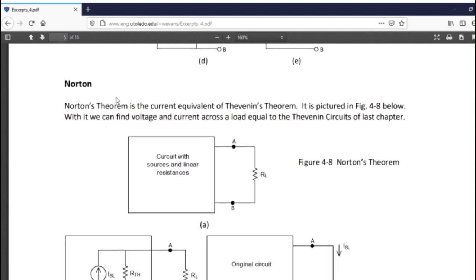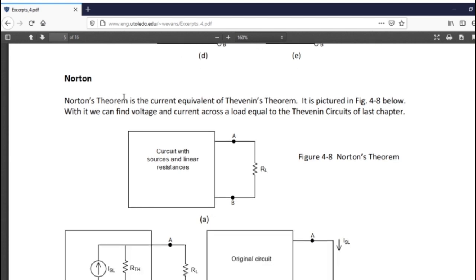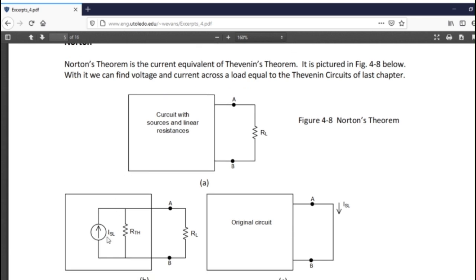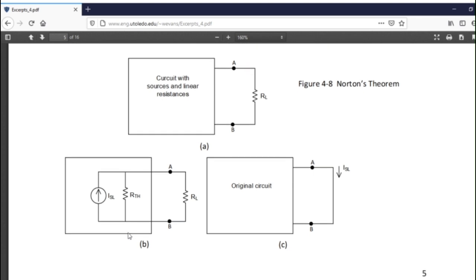Now, the Norton circuit is what? It's like Thevenin, but it uses the current supply instead of the voltage supply. And what's inside of a Norton is I shorted load in parallel with R Thevenin. So this is what would be inside if you were using current. This would be the current equivalent of the voltage Thevenin.